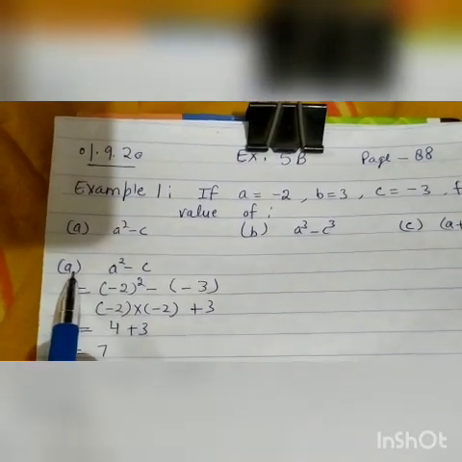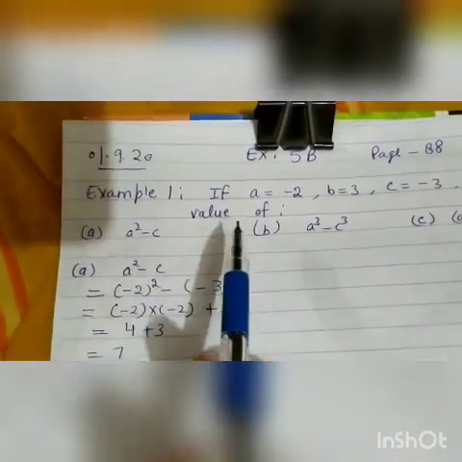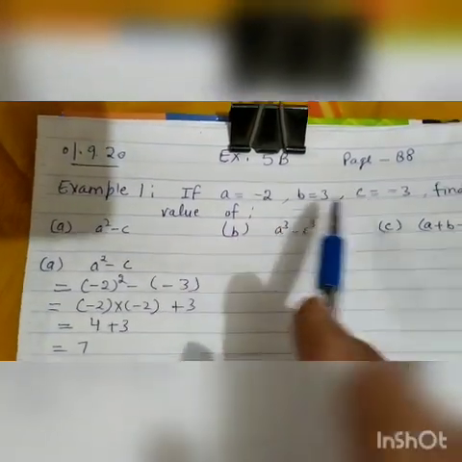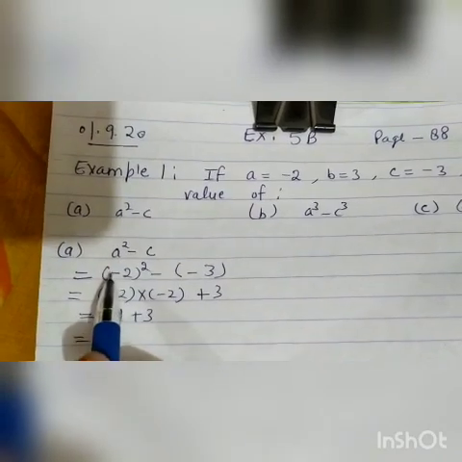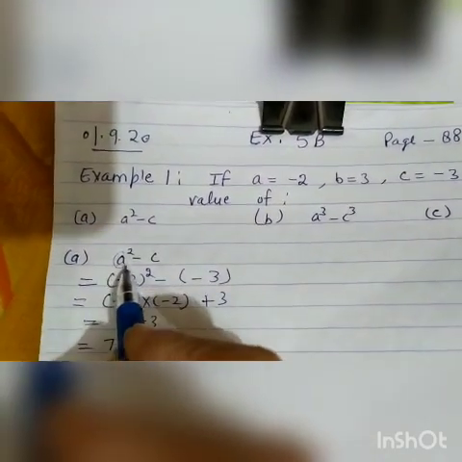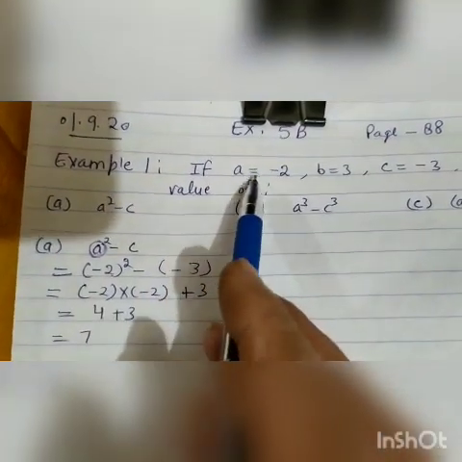Come to the solution. A part is a square minus c. What is the value of a given? a is equal to minus 2 and c is equal to minus 3. The value of a is minus 2, so we will put minus 2 in place of a.